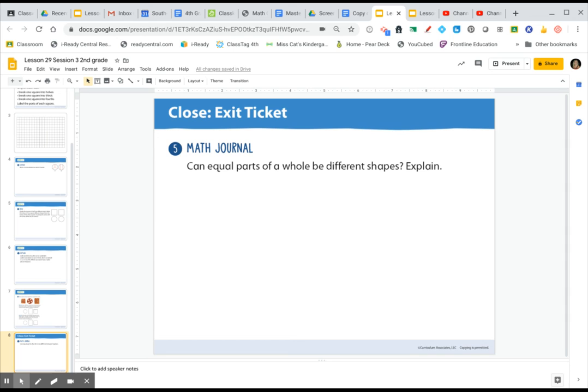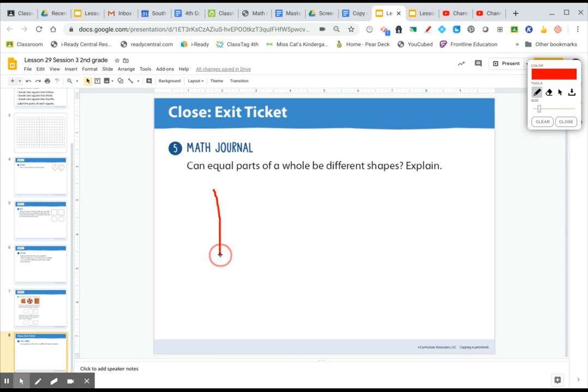In closing, our exit ticket for today in your math journal, can equal parts of a whole be different shapes? So boys and girls, that's the one that's saying if we have a square and can equal parts of a whole be different shapes?